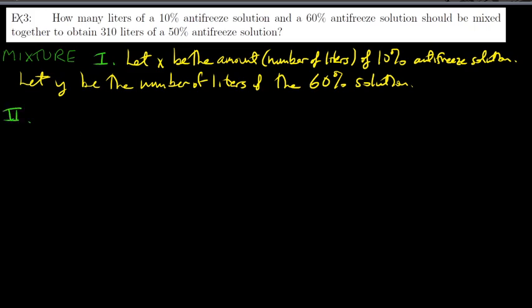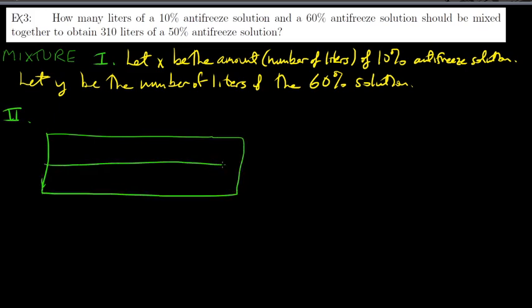Step 2, make the table. For the rows, we have the solution, and then what's in the solution. In this case, it's not salt, it's antifreeze. Is that clear? Antifreeze.